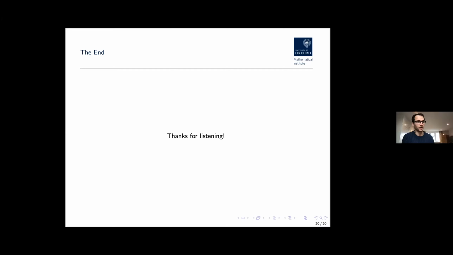Sorry, do you mean would I be able to do the same thing if I changed the sign of the constant in front of the quartic term? Yes. So the answer to that is no, because the positivity of various energies then fails. So that's why I have to focus on lambda greater than 0. As you say, if you reverse the sign, then you have a focusing equation, and you not only can have very slowly decaying solutions, but I believe you can have solutions that blow up in finite time.